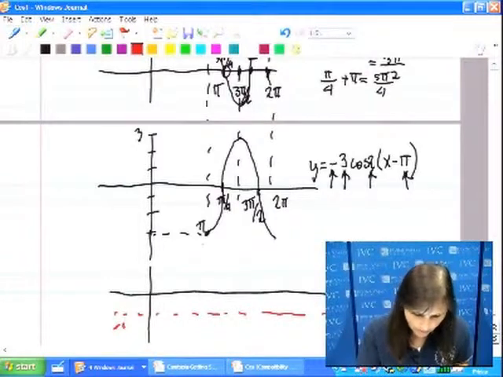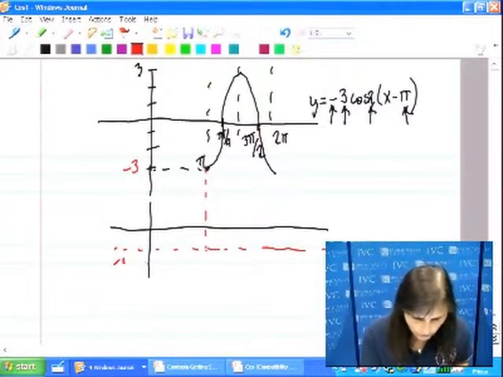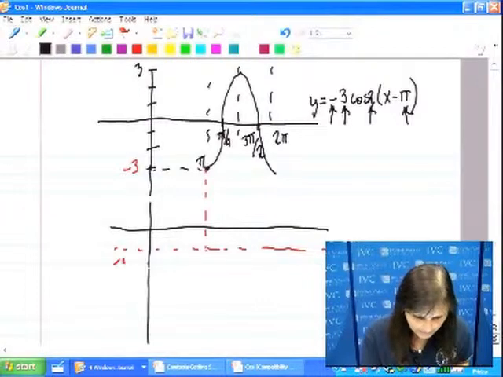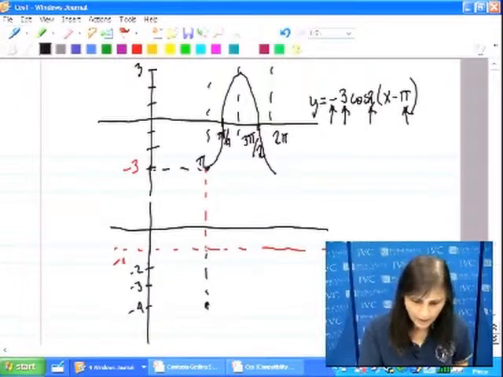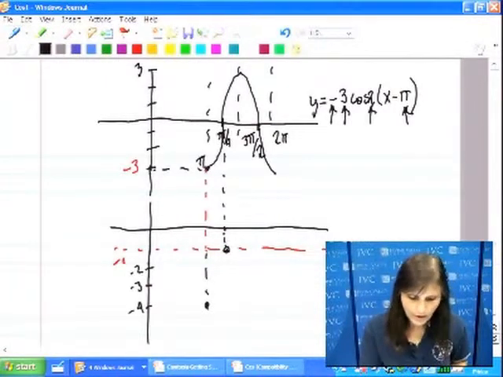Okay? So in other words, it's going to be here. And this used to be negative 3, so it's going to be at negative 4. Negative 1, negative 2, negative 3, negative 4. So it is going to move down to negative 4. And this is going to move down 1 step. It used to be here. It's going to move here.